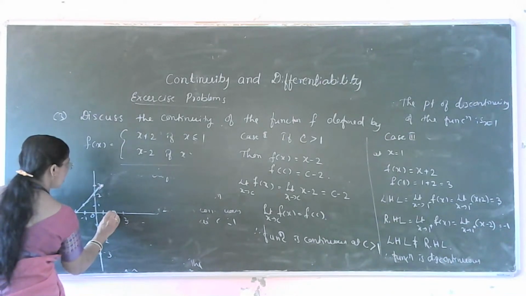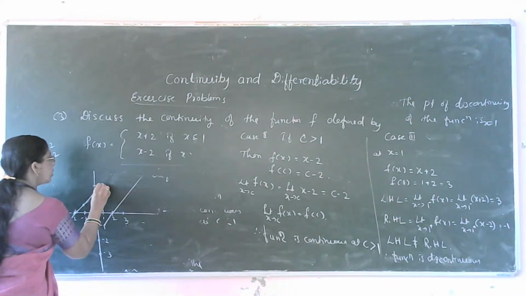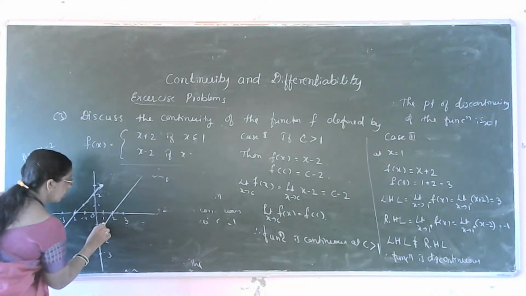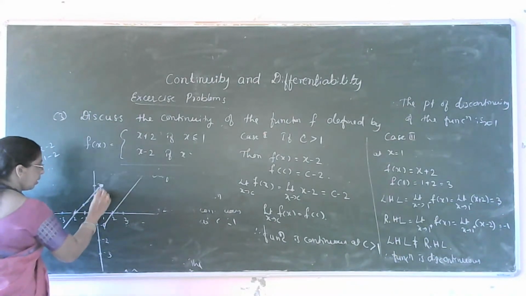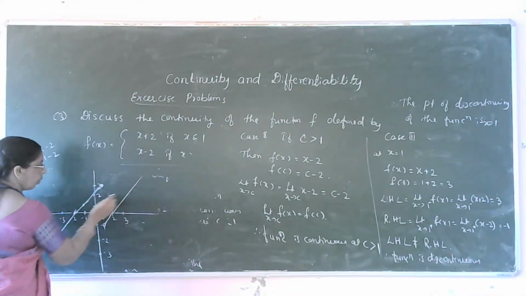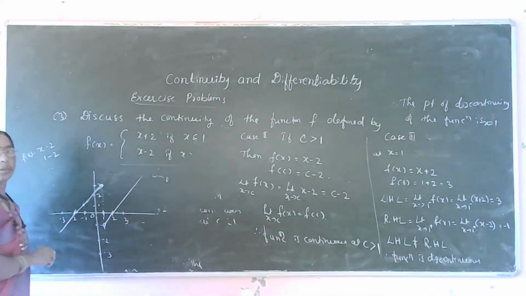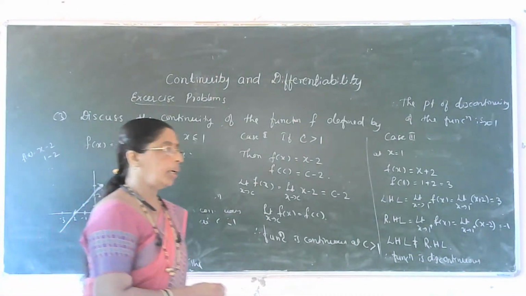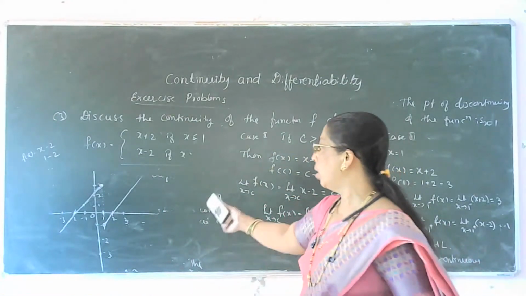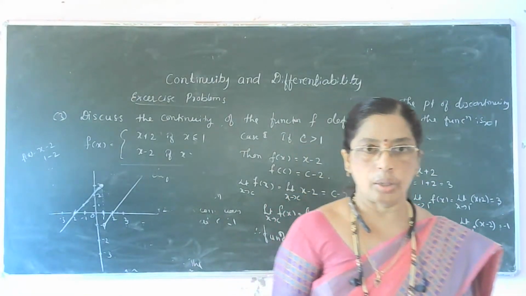Therefore the graph is like this. This point is included, but this one is not included. Therefore, it is not continuous at x equal to 1. We can show graphically also that the function is not continuous; we cannot draw the graph in one stroke. Thank you.